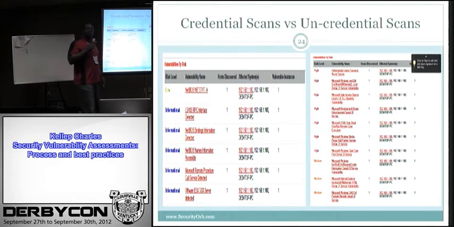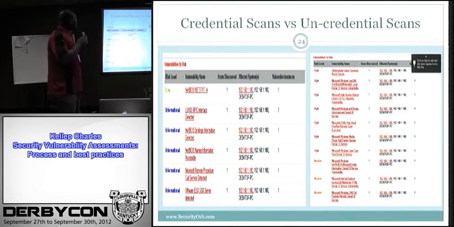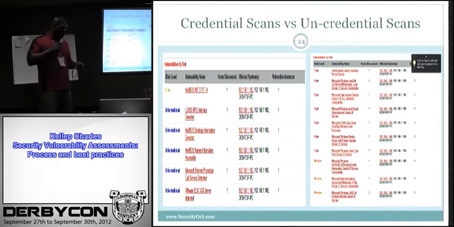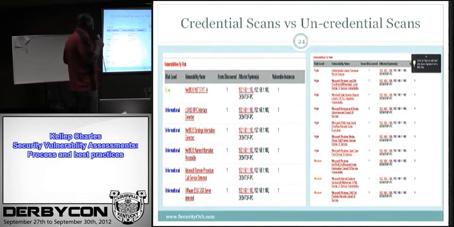That's something that would be very important to know within your processing environment. We also have a couple of denial of service and remote code execution findings. So again, the difference between a credentialed scan and an uncredentialed scan is very important in conducting the security assessment and the vulnerability assessment process.